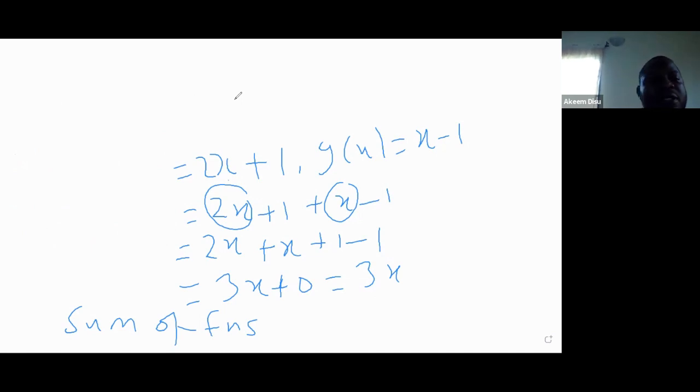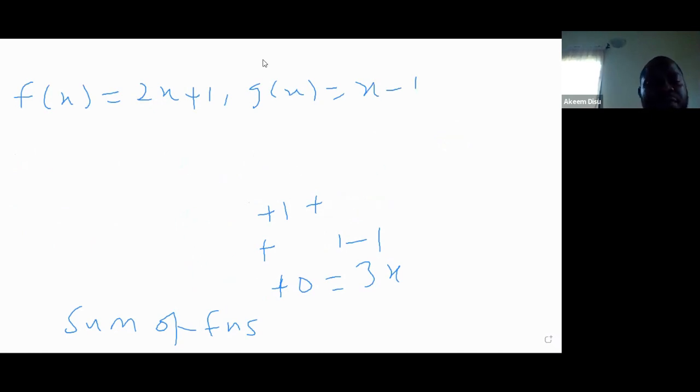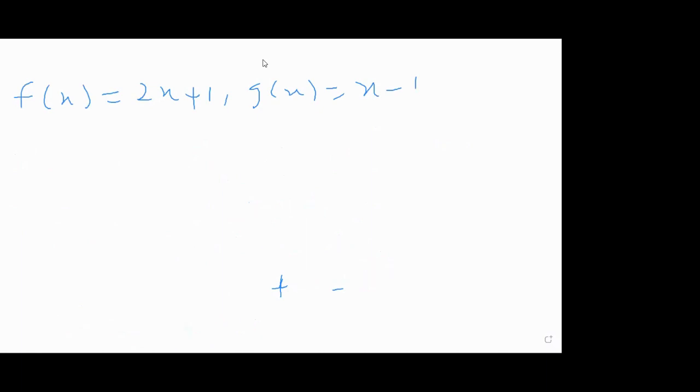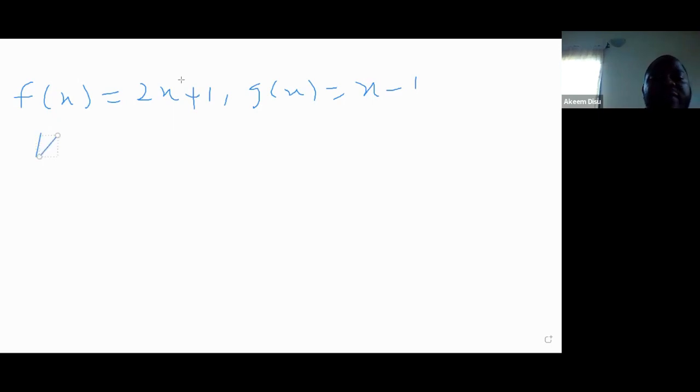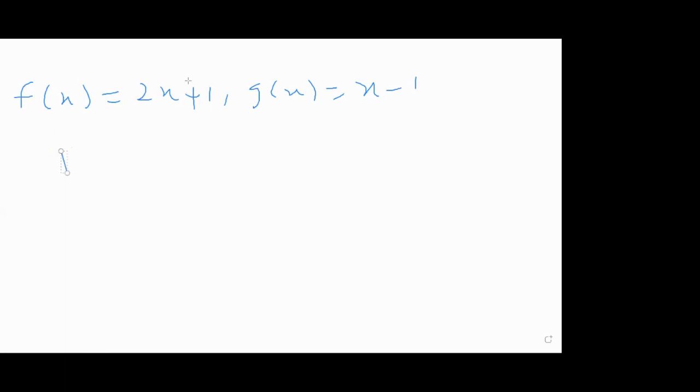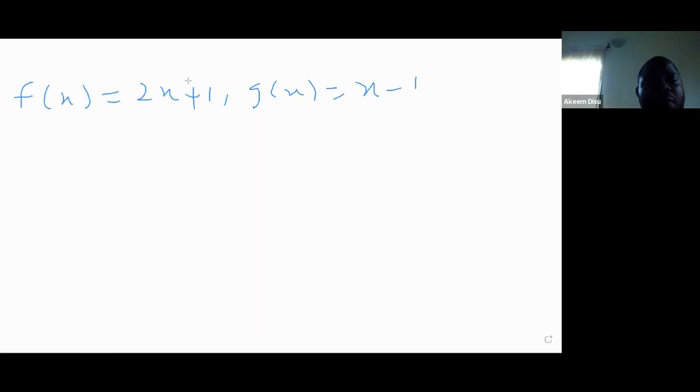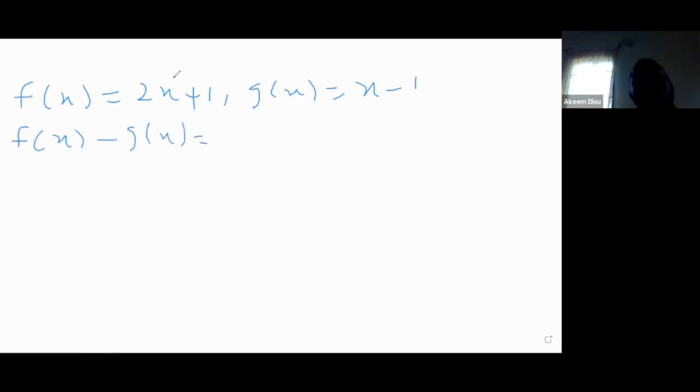We still use the same example: f(x) = 2x + 1 and g(x) = x - 1. To get the difference of functions, we take f(x) - g(x), which gives us another function.